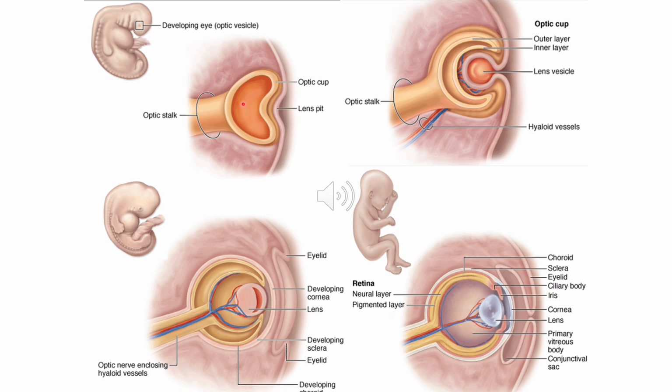I want to add that the optic stalk, which is the connection between the developing eye and the forebrain, will carry the optic nerve. The optic nerve is cranial nerve 2 and is going to move posteriorly and form the optic chiasma, and beyond that it goes on as the optic tract.